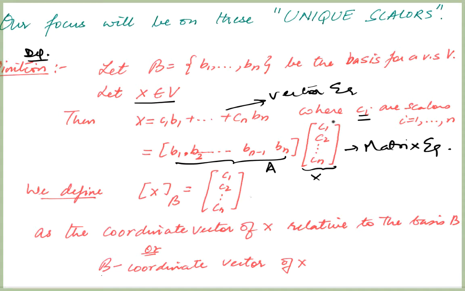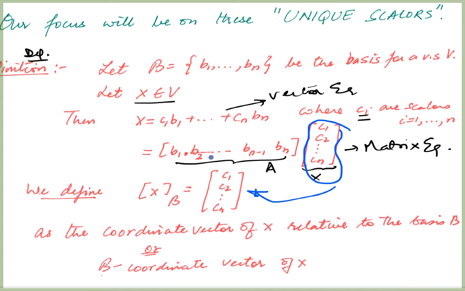And this, guys, the c1 to cn, this is what we call. So we're going to give a new name to this vector we have.